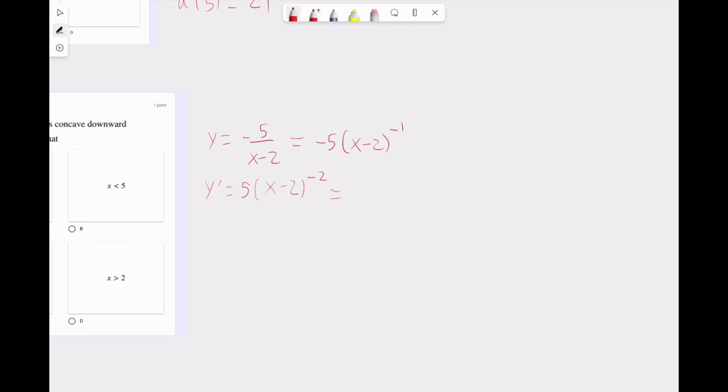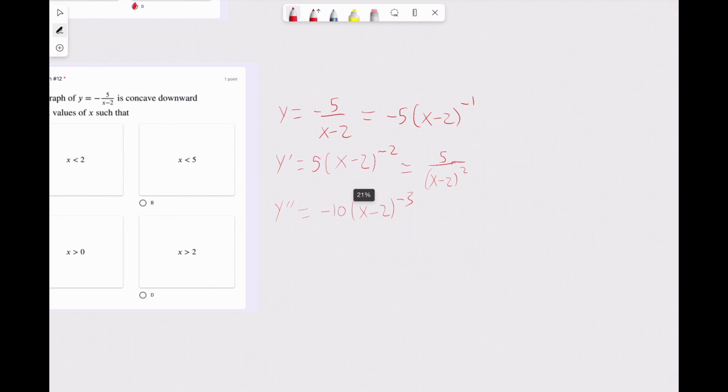You can rewrite that as 5 over x minus 2 squared. And then next we need to find the second derivative. So let's see, I'm going to bring the -2 down. So I get -10 times x minus 2 to the power of -3. So that's our second derivative.